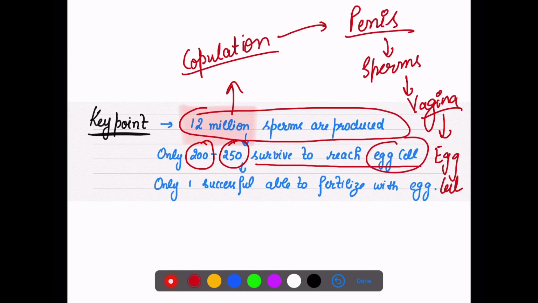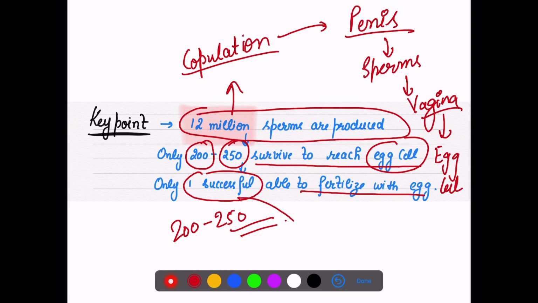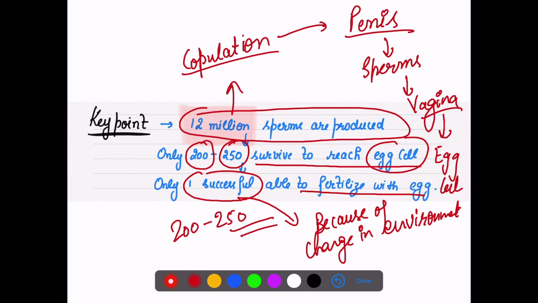And even out of these 200 to 250, only one is successfully able to fertilize with the egg. The egg and the fertilization system, the female reproductive system, is so secure and specialized that, because of the change in environment, from acidic to alkaline conditions, many of the sperms die.